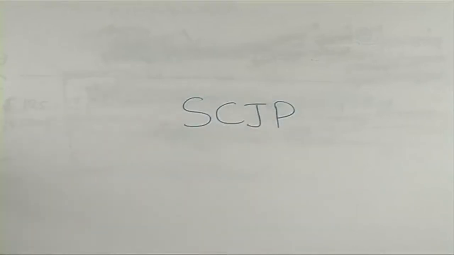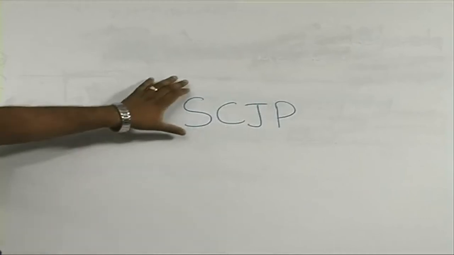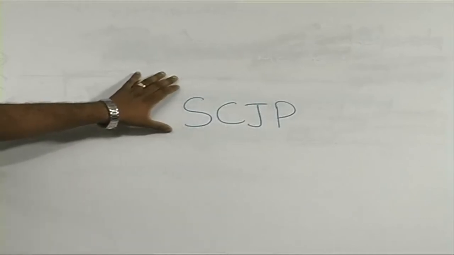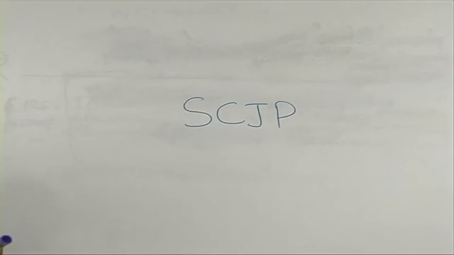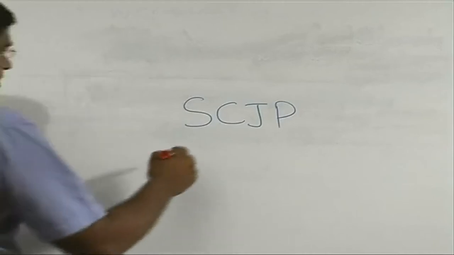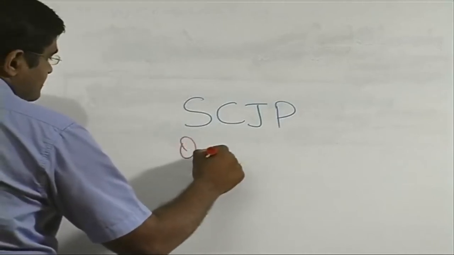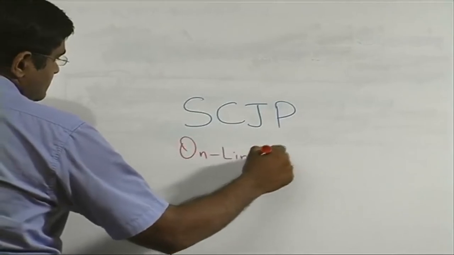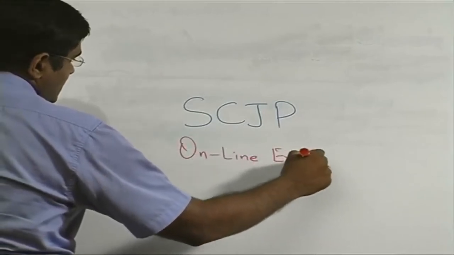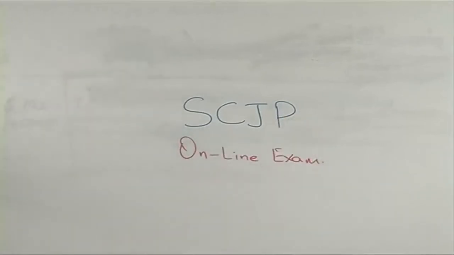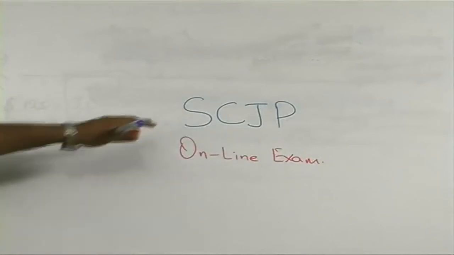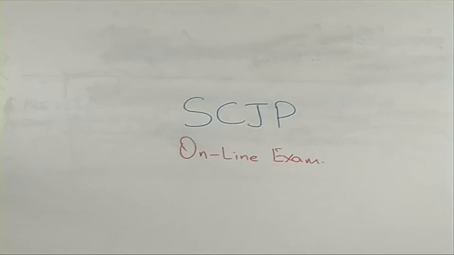This certification can be obtained by doing an online exam. Okay, so there is an online exam, and by doing that online exam, we will be able to fulfill the requirement for the SCJP.